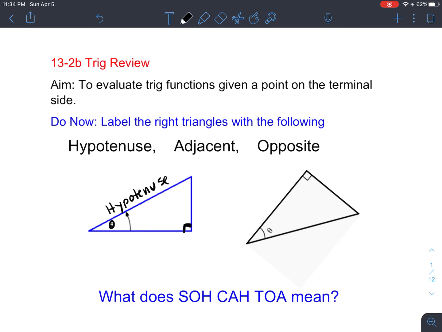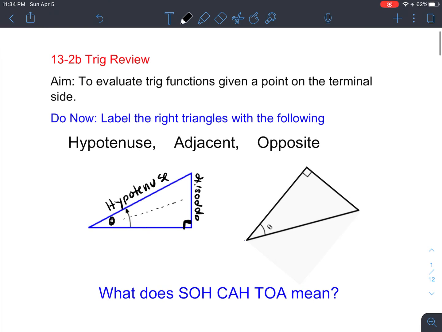So if we are looking at this angle theta right here in this corner, our opposite side will be the one that is directly across from it. So we can label this side with opposite. The side that is attached to the theta will always be called the adjacent side.